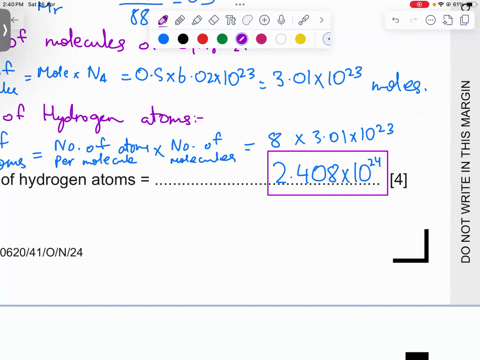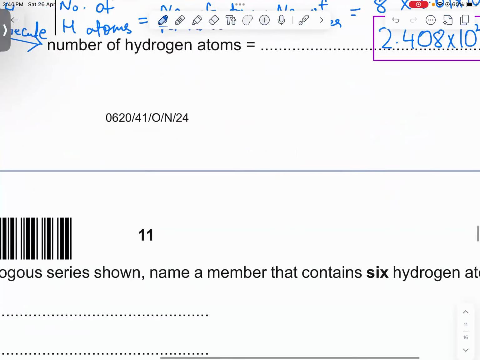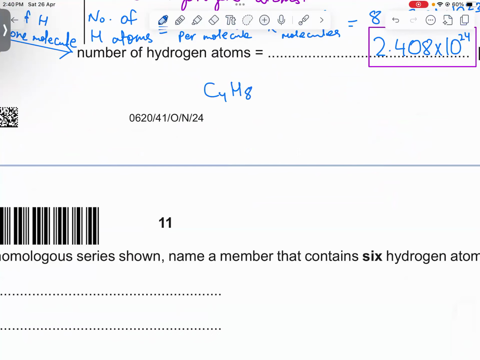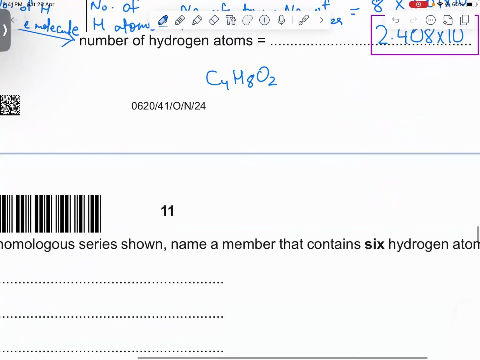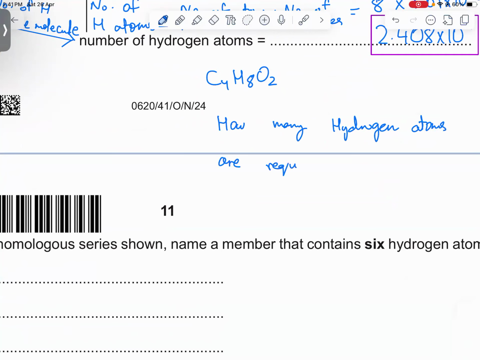All right, why is it like this? Better just understand this. Let's suppose this is our molecule C4H8O2, right? And the question asked how many hydrogen atoms are required to make 7 such molecules.